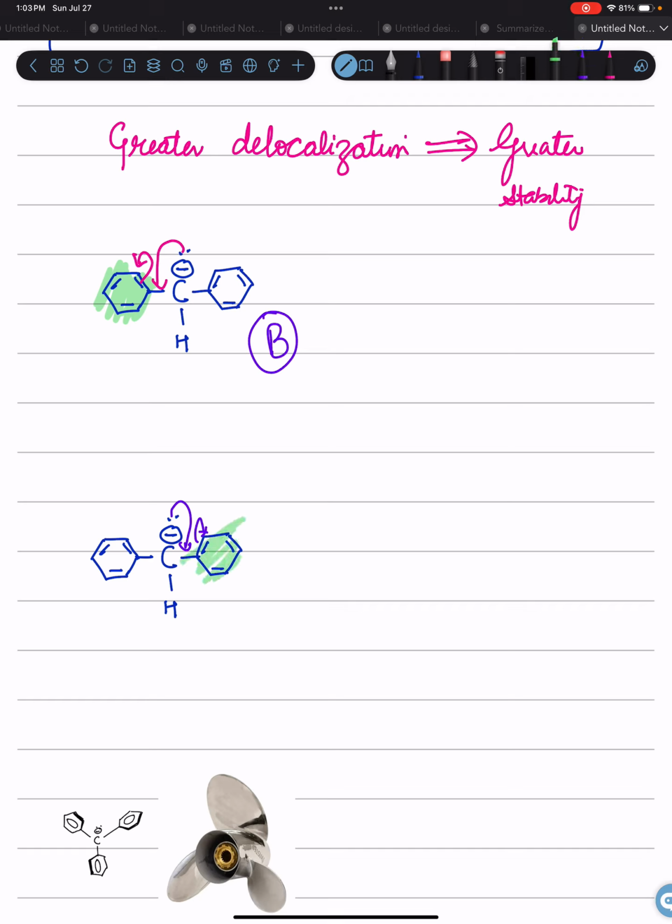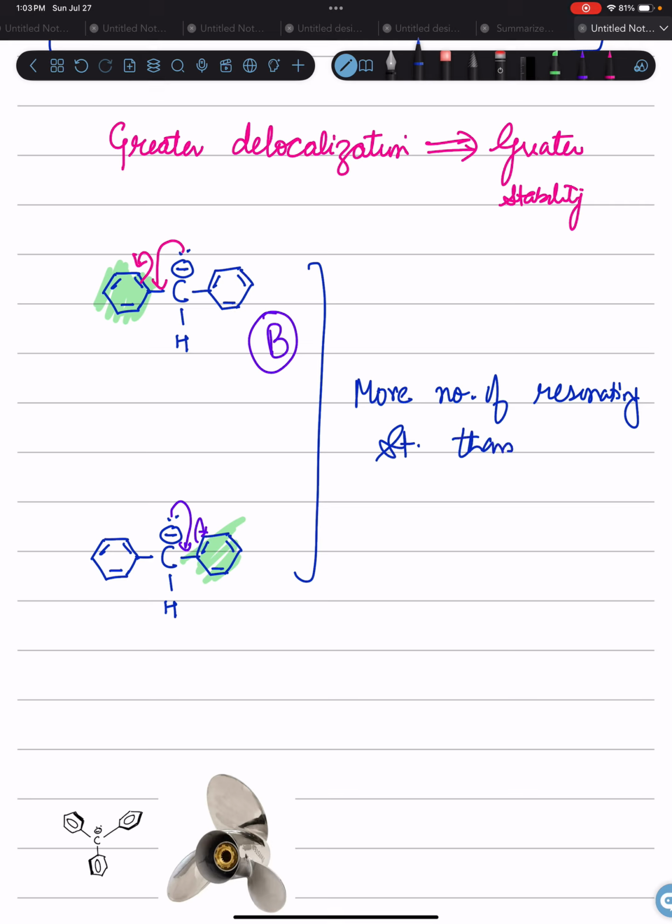Because of which there are more resonating structures than A, because now there are two phenyl rings involved in the delocalization.